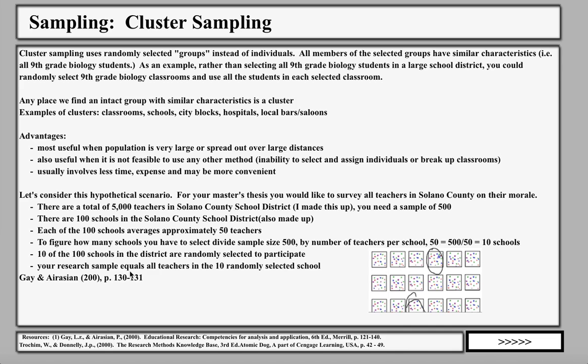Your research sample equals all teachers in the 10 randomly selected schools. So that's an example of cluster sampling using existing groups. And again, we as teachers will probably encounter this by using existing classrooms or existing schools. And then let's take a look at systematic, which is the last one we'll look at.